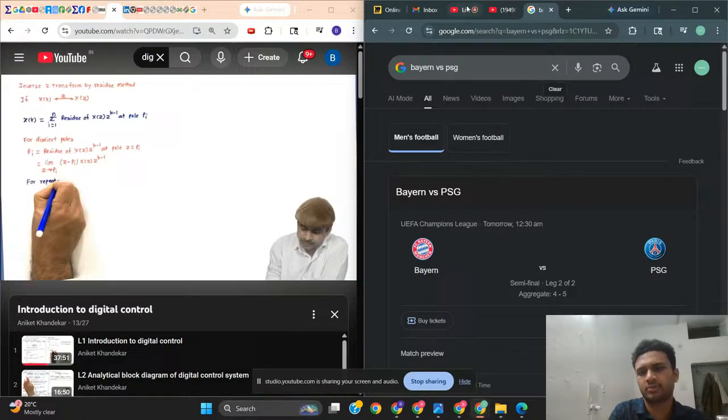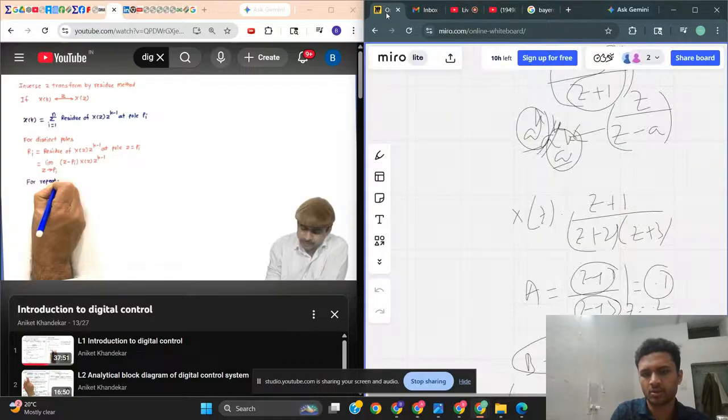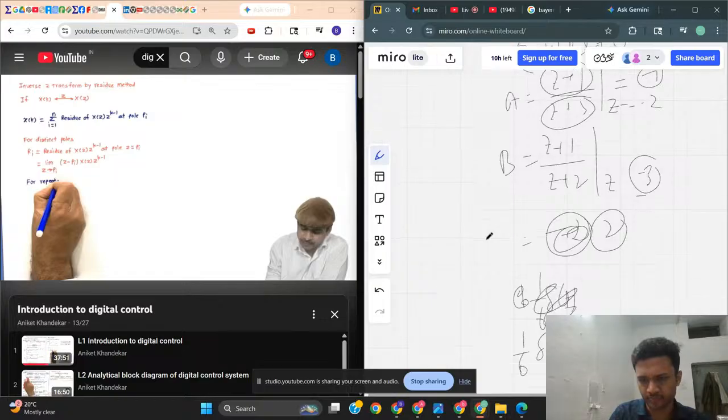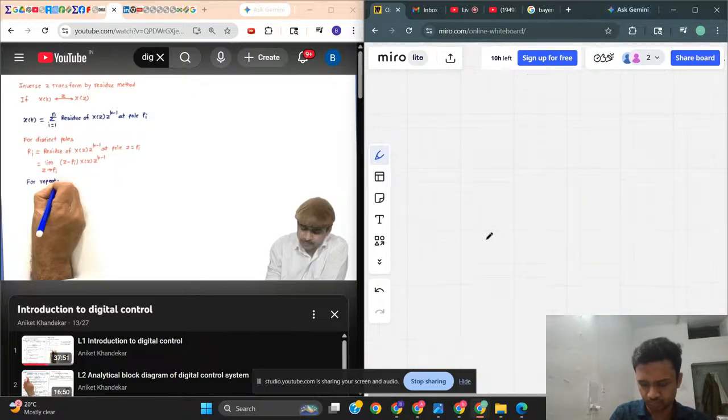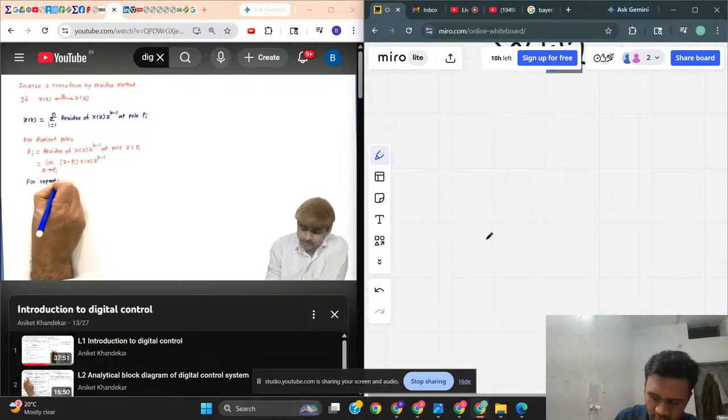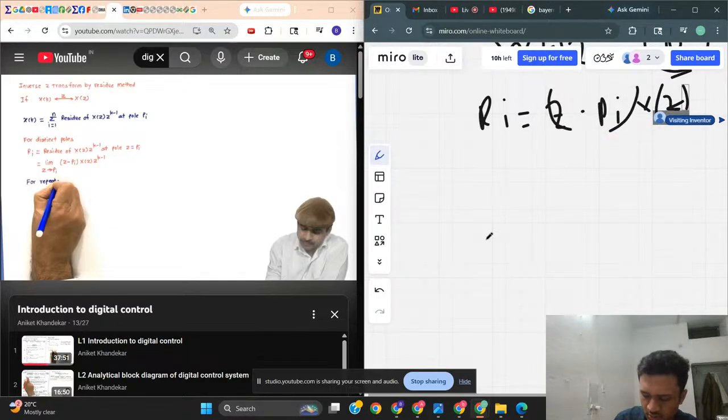Okay, so let's talk about this idea formally. What this says is that the residue of R_i is the residue at some pole p_i. How will the residue be found? R_i should be given by (z minus p_i) into X(z) into z to the power k minus 1, and then you should evaluate this at z equal to p_i.